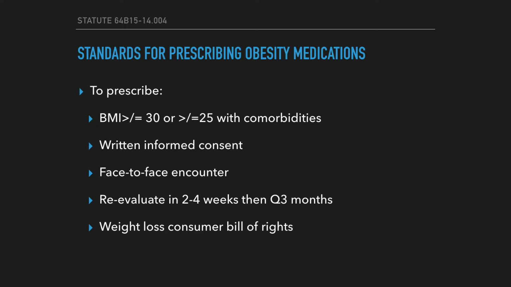So touching on what I said before, in order to prescribe obesity medications, very strict rules have to be followed. If someone does not have any comorbid problems, meaning they're not diabetic, they're not hypertensive, they don't have hyperlipidemia, their BMI has to be greater than or equal to 30. If they do have comorbid problems, the BMI has to be greater than or equal to 25.